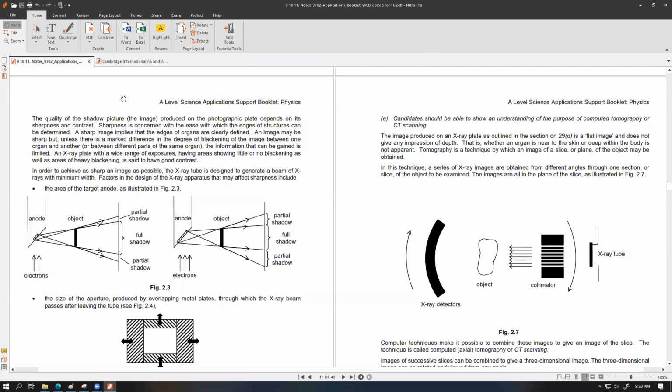The idea of sharpness is how distinguishable the border of a certain thing is in the picture. For example, if you take an image with your cell phone and it is not properly focused, the object will have a blurred outline. It will be hazy, which means it has less sharpness. You do not want that kind of picture from your X-ray image.